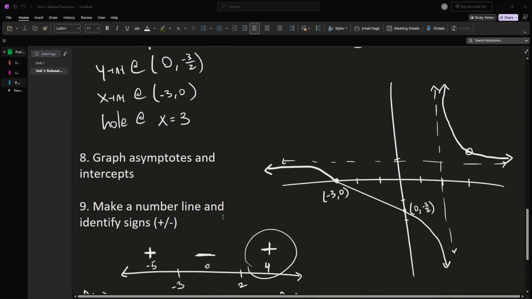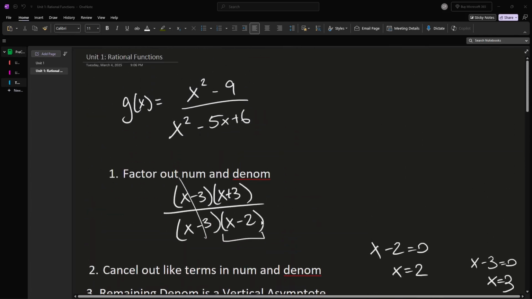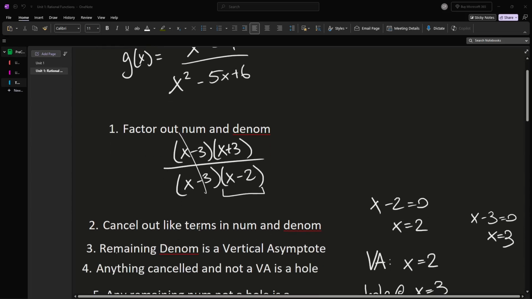So let's actually go through it one more time. With your rational function, you first must factor it out fully. Then you cancel out any like terms, but not in a destructive way. You cross it out so you can still see it, because you still need to identify those values. Anything that wasn't canceled out in the denominator that remains is a vertical asymptote.